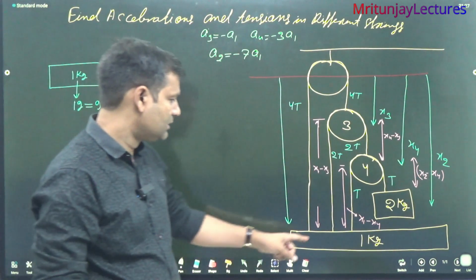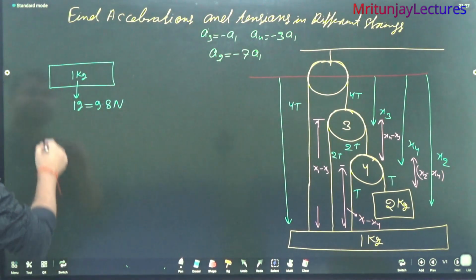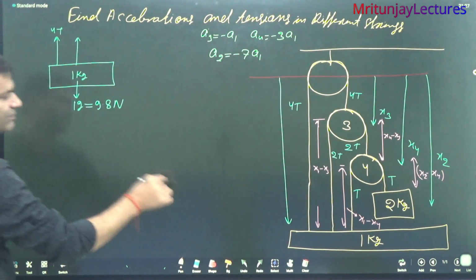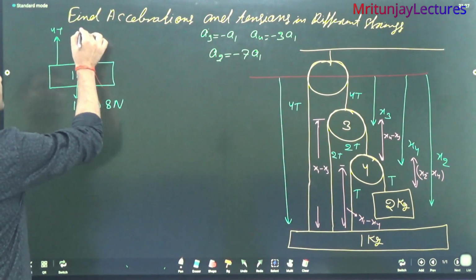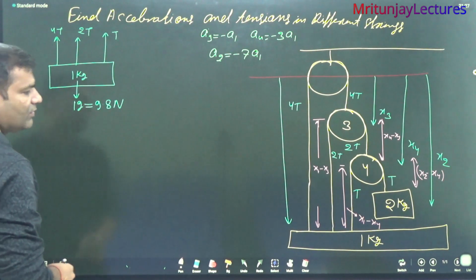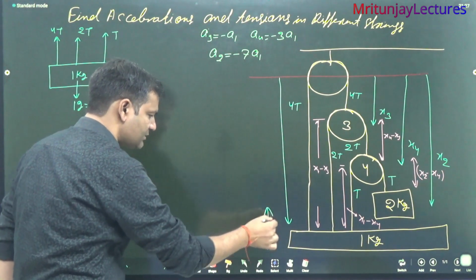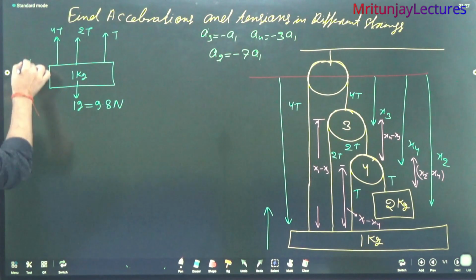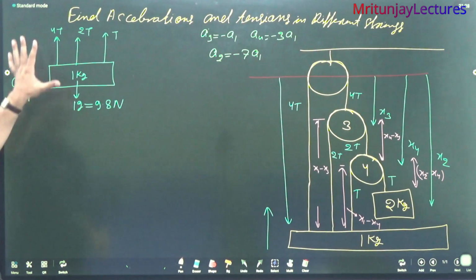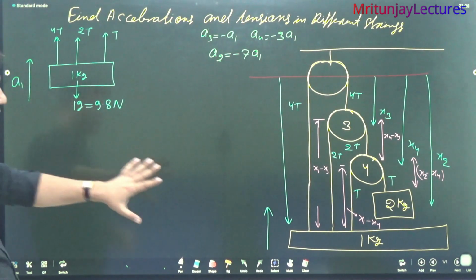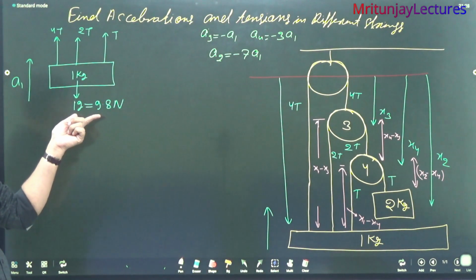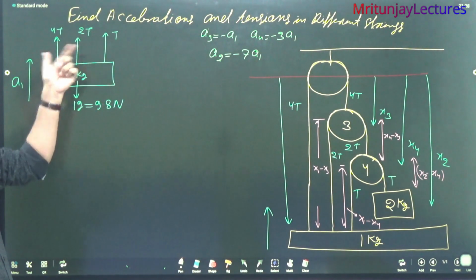Now in this string tension 4T upward, the second one is 2T, and the third one is simply T. Okay. If this block moves in the upward direction with acceleration A1, so clear, that is the free body diagram of the 1 kg block.